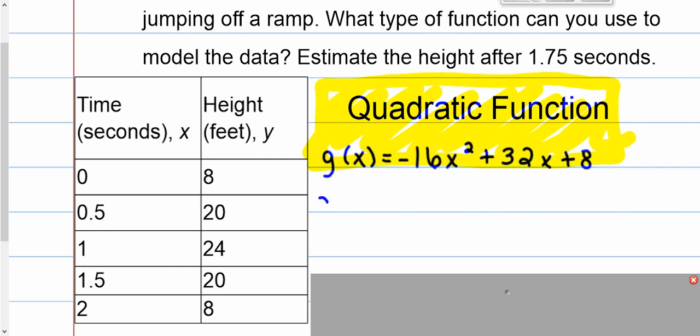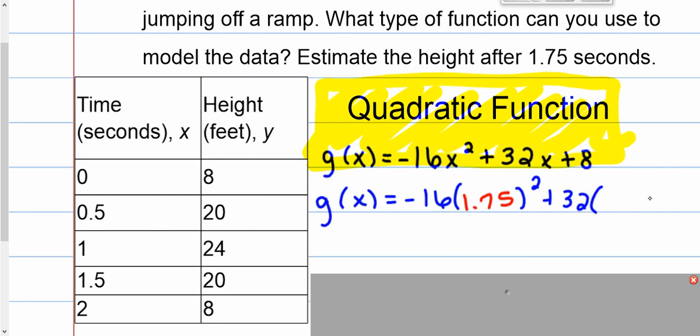So we have g of x equals negative 16 times 1.75 squared plus 32 times 1.75, and then plus 8. And guess who already messed up? That would be your teacher. Instead of g of x right there, we are going to have g of 1.75 right there. That just shows that we're plugging in our 1.75.